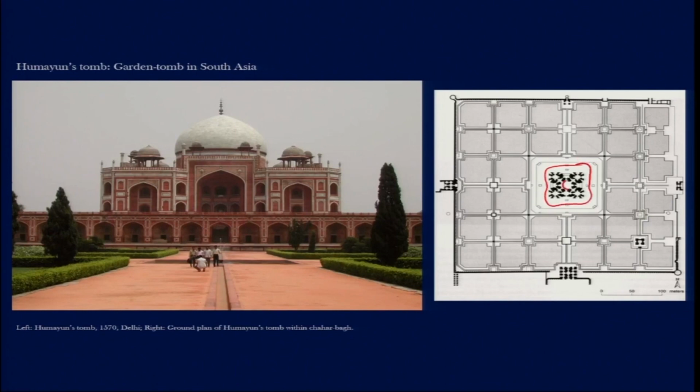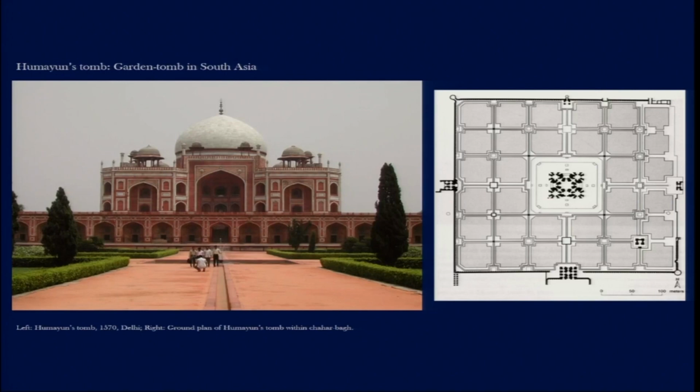So at the center there is one octagonal unit, and alongside there are four units which are all identical, and then there are those other units. So altogether there are 8 units around the central one. That is how this Hasht Bihisht plan, or plan of the 8 heavens, is created.